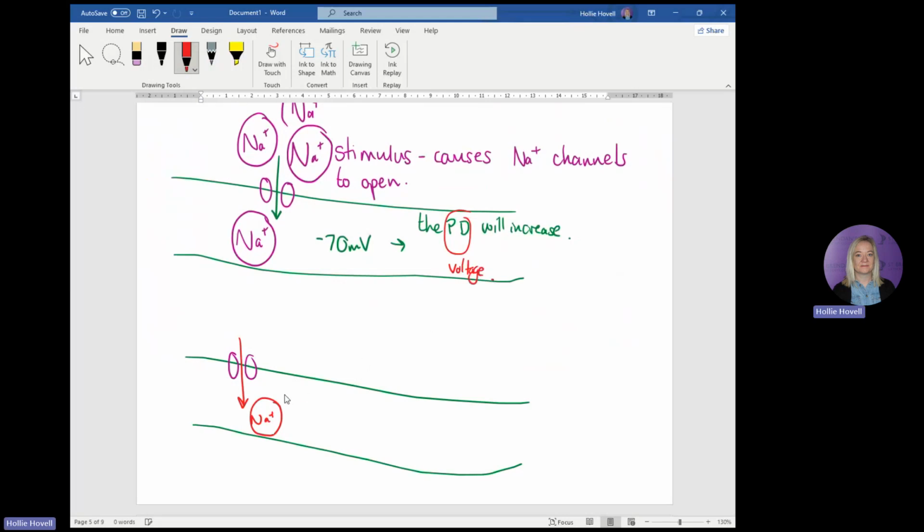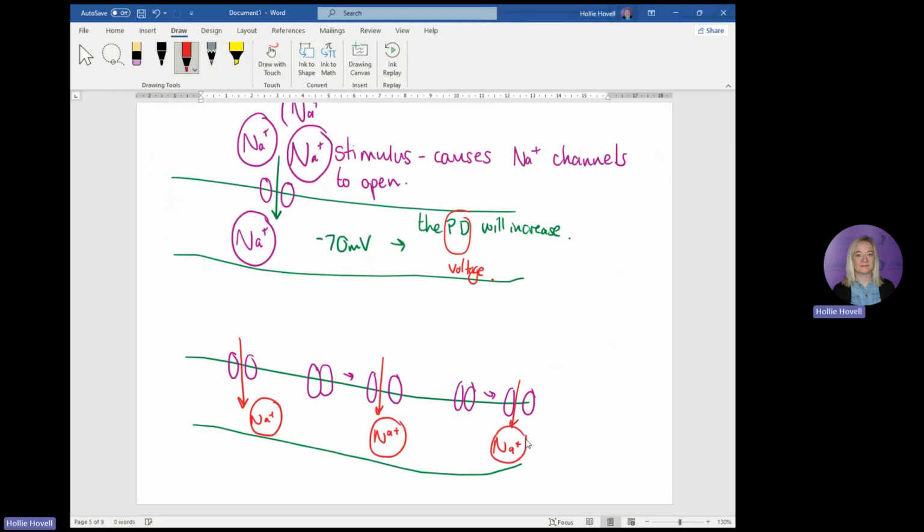So when the voltage reaches a certain threshold, it's going to open some more sodium channels. Maybe this one over here that was closed is going to open as well. So when we've got more sodium channels open, we're going to get even more sodium ions rushing in.